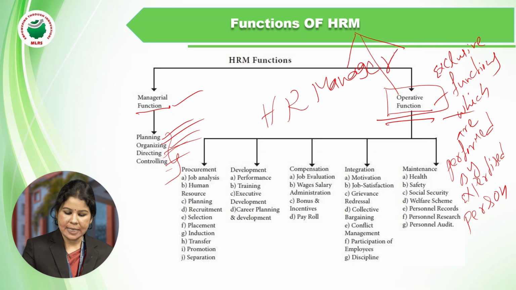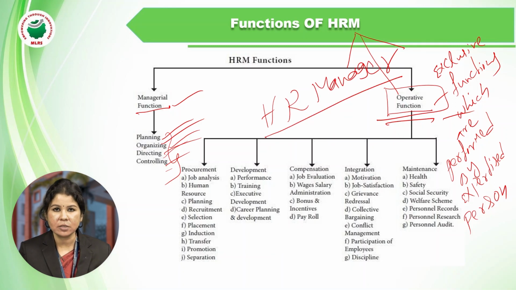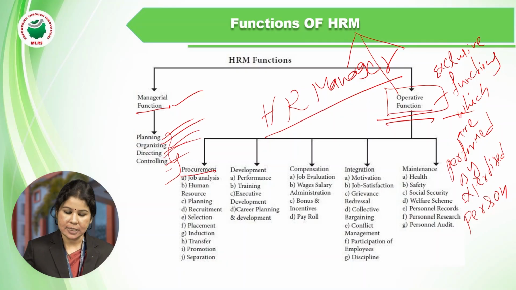Let us have a glance at the operative functions which are exclusively performed by the HR manager. The first function is procurement, which is also called employment. In this employment, we have job analysis and HR planning, recruitment and selection, placement, induction, transfer, promotion, and separation.